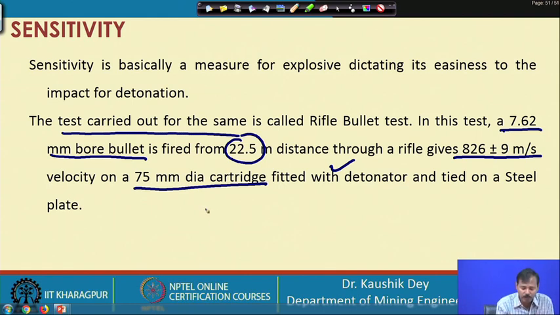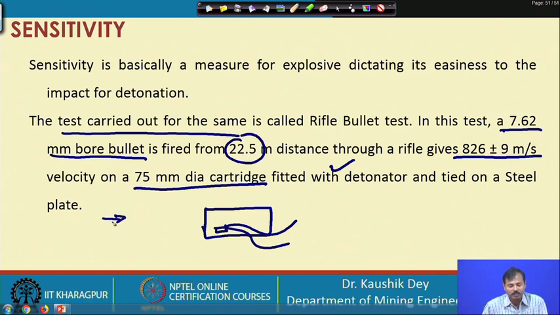Suppose if you see, this is the explosive cartridge which is cap sensitive, that means detonator sensitive explosive. In that case we must provide a detonator inside the explosive, and then we subject the explosive under the rifle bullet test. So, the bullet will hit this explosive, and the explosive is in a condition where the shock may detonate the total system.